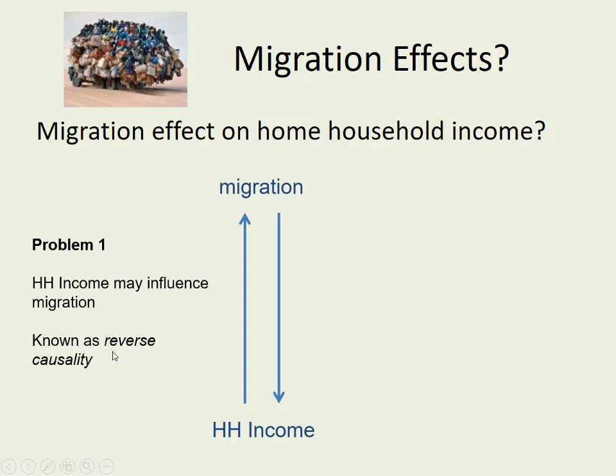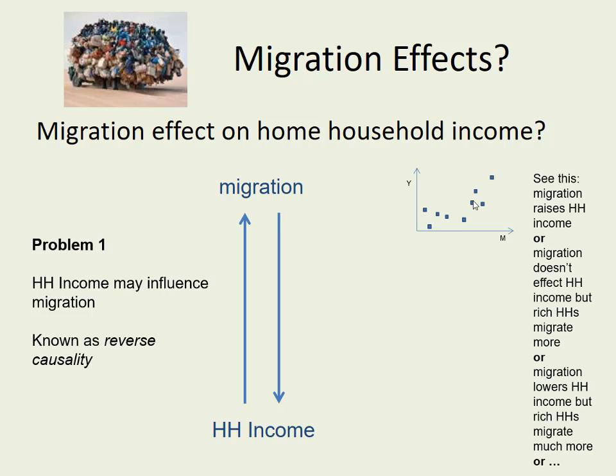So this first possibility is known as reverse causality. And this time, when you see that, what could it mean? That could mean that migration does raise household income. Or it could mean that there's no real effect from migration to household income this way, but rich households migrate more. So the reason you're seeing this positive correlation is because wealth influences migration. Or it could even mean that migration lowers household income, so there's a negative effect this way, but this effect is bigger, so it's overpowering it, so you don't see that in the data.